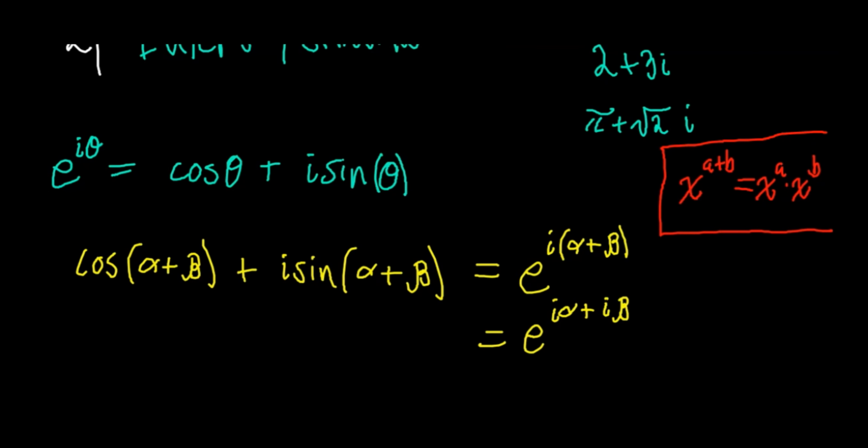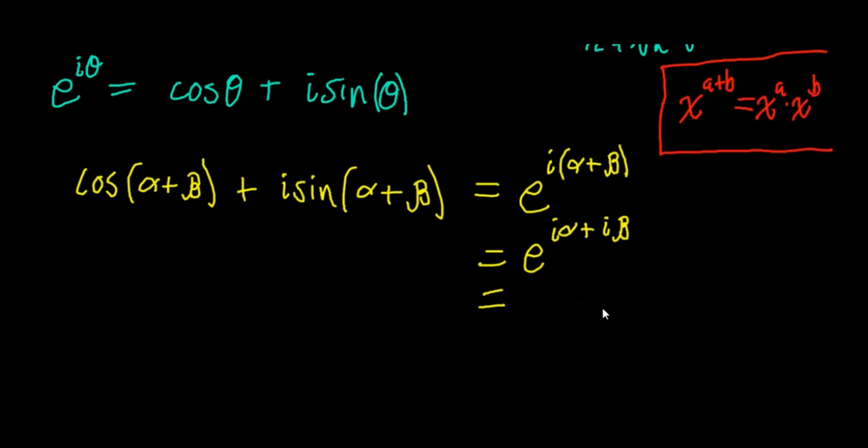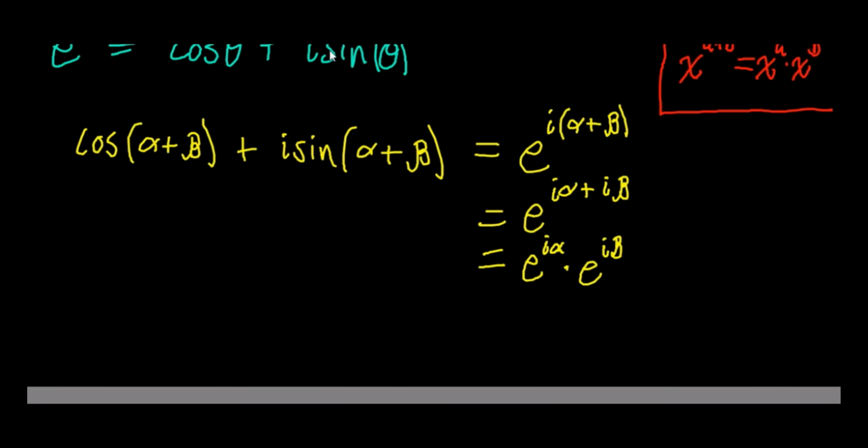And check out what we can do. This e to the i times alpha plus i times beta can be rewritten using this exponent law as e to the i times alpha times e to the i times beta. Let me get some more room here so I can finish this off.